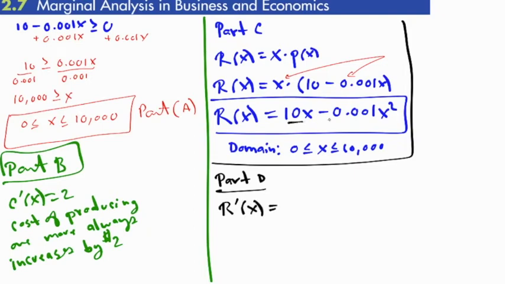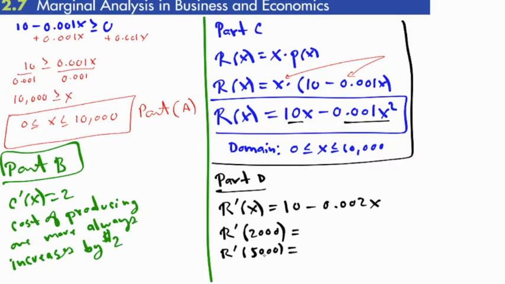And if we take the derivative of each term, we get 10 minus 0.002x. And we want to evaluate R prime of 2,000, R prime of 5,000, and R prime of 7,000.